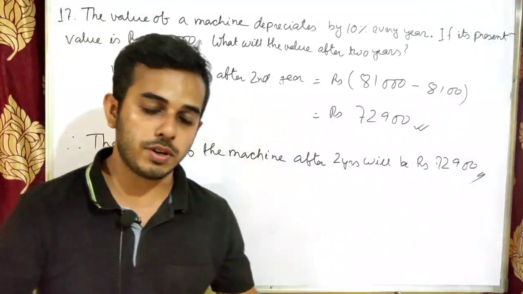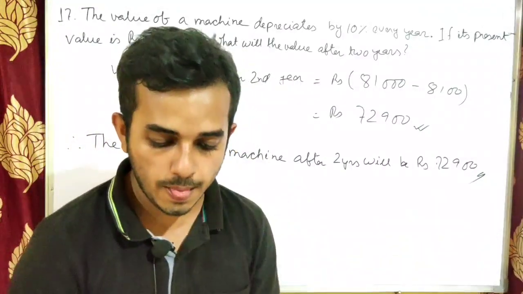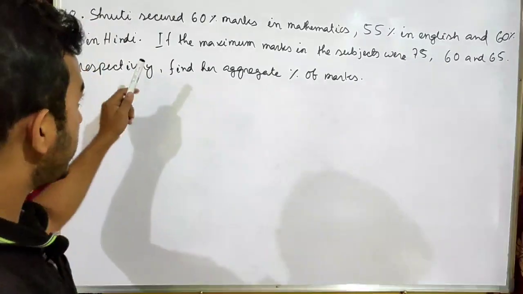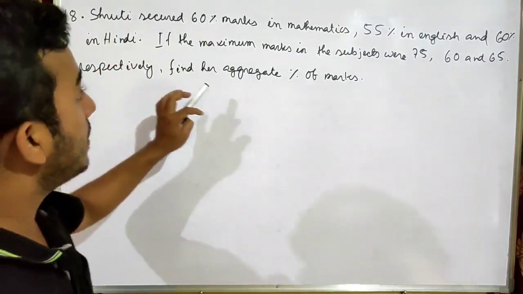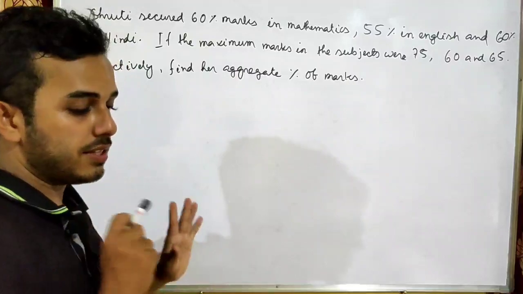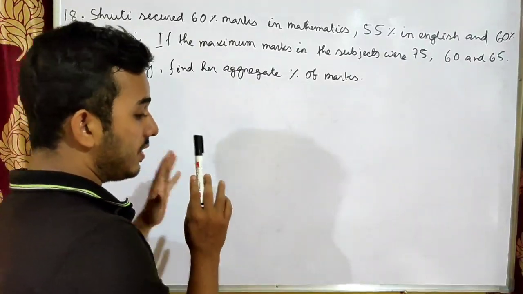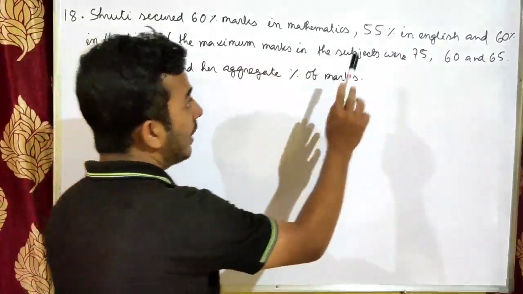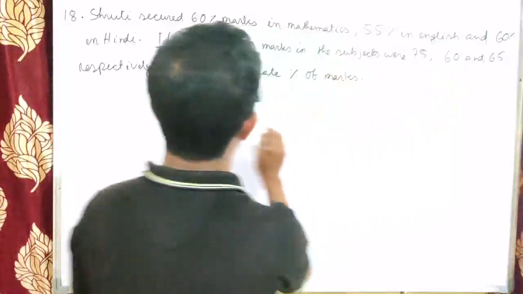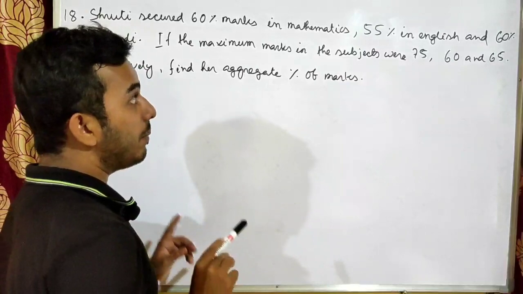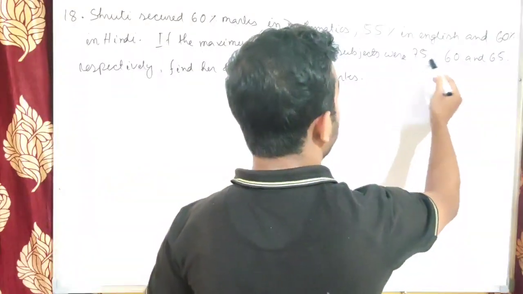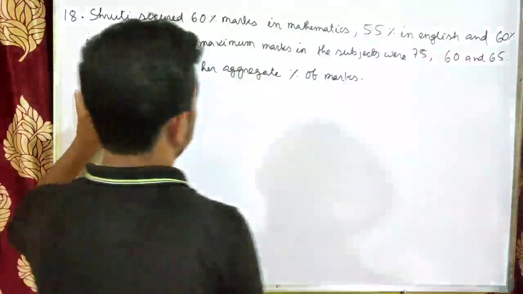So now let's move to the next question, question number 18. The question is: Shruti secured 60% marks in mathematics, 55% marks in English and 60% in Hindi. The maximum marks were 75, 60 and 65 respectively.